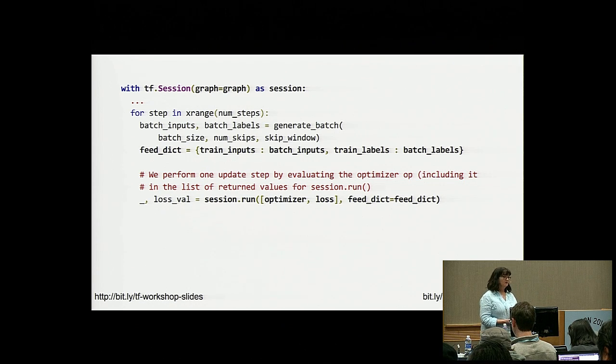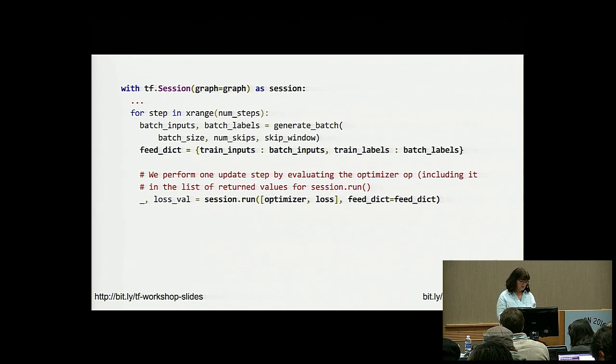Okay, and then our training iteration just looks like this. Something I didn't really talk about too much was that part of the pre-processing involved a bunch of generation of mini batches. So we're essentially just iterating through all these generated mini batches. And for each one, we're initializing this feed dict that says, here's our mini batch inputs. And then we're just doing session.run and saying evaluate the optimizer and the loss nodes in this graph.